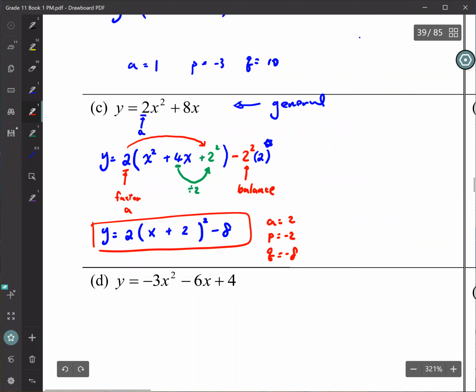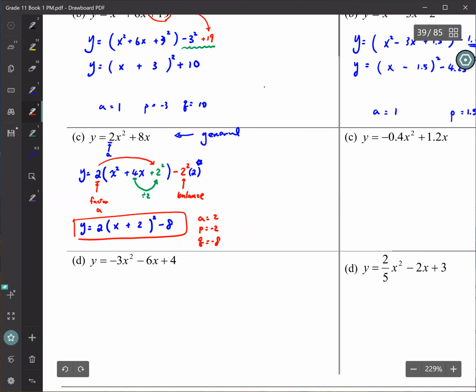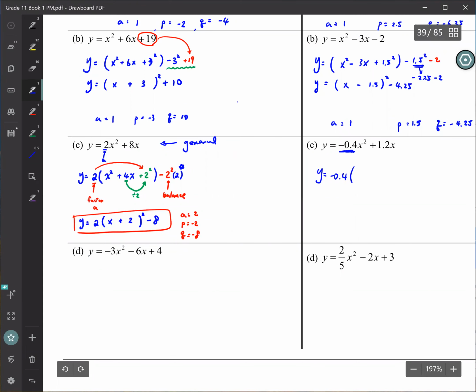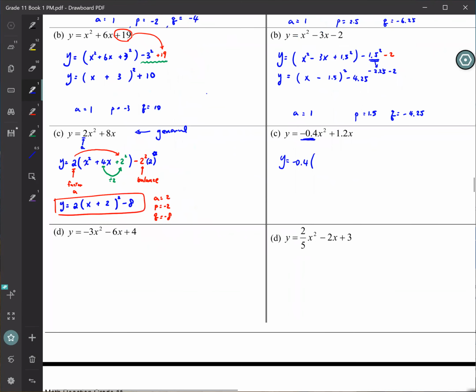Okay, so please try question C by yourself. Let me know if you have questions. Factor A. Question C, the A is the negative 0.4. You need to take that out. Try it by yourself. Raise your hand when you finished.